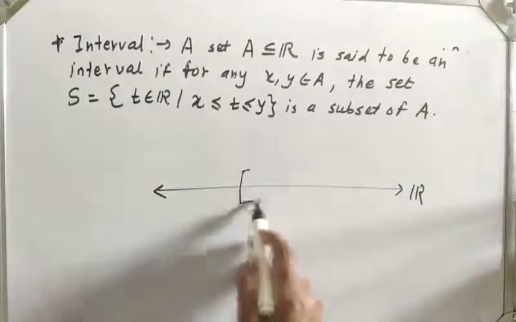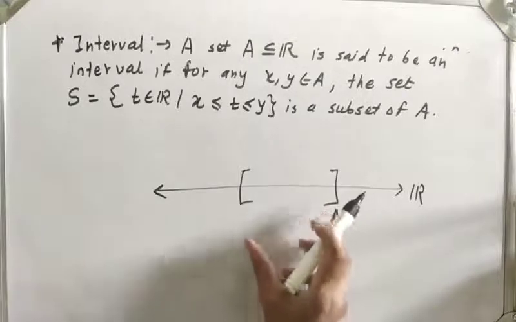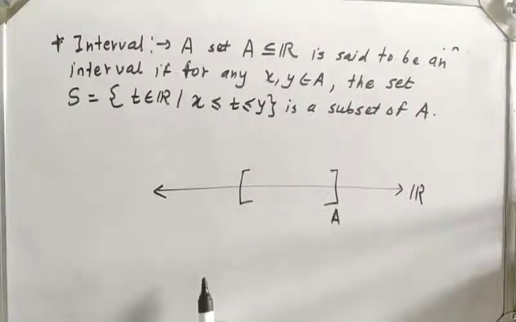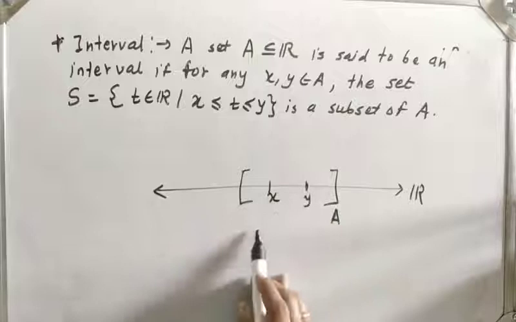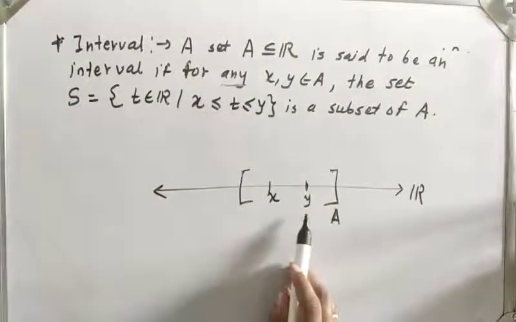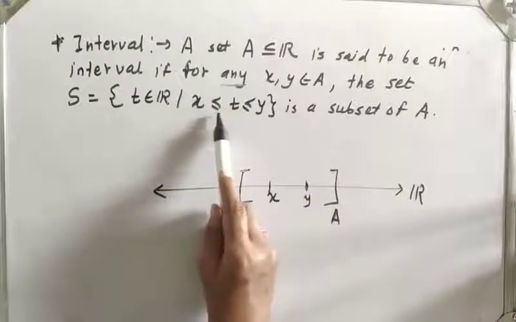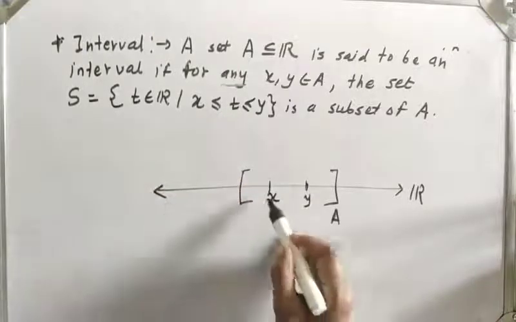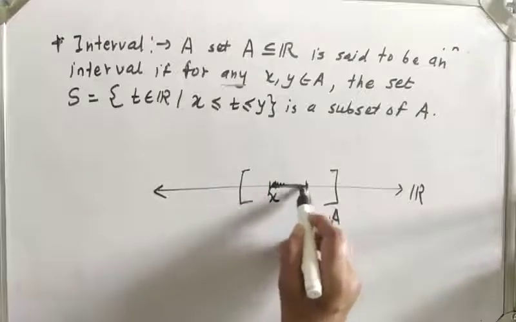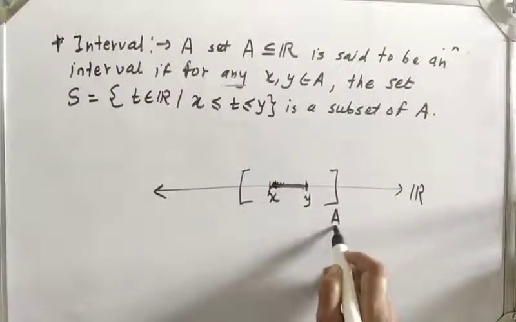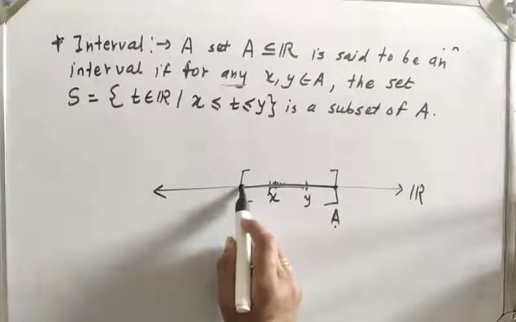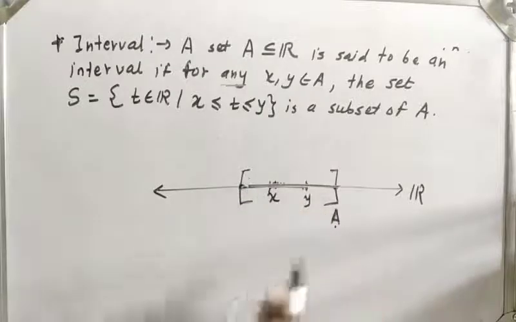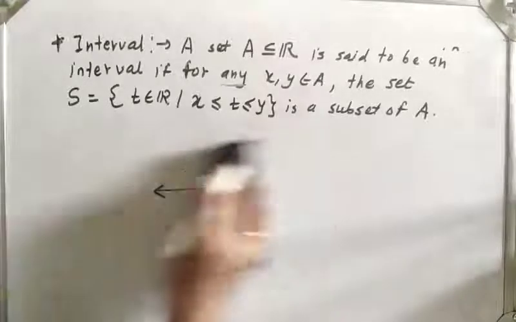Now consider this complete subset is A. It is an interval if for any x, y, suppose this is x, suppose this is y, for any x, y belongs to A, the set of T belongs to R such that T is between x and y is again a subset of A. Means you can take any two elements of A, all the elements between these two elements will again be elements of A, means that complete line segment will be in A. That is called an interval.